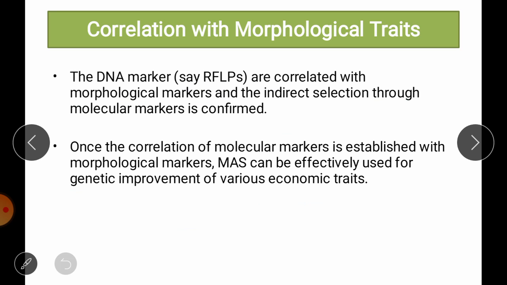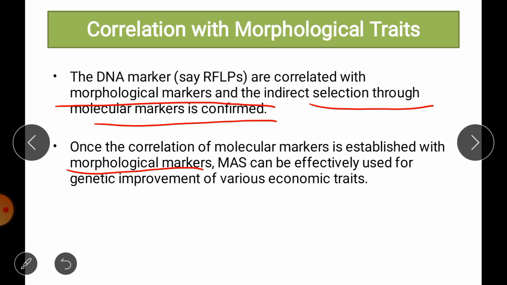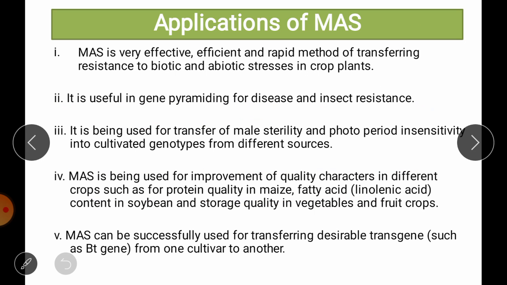DNA markers are correlated with morphological markers, and the indirect selection through molecular markers is confirmed. Once the correlation of the molecular marker is established with the morphological marker, you can use it for genetic improvement of various economic traits. The next point is application of marker assisted selection.